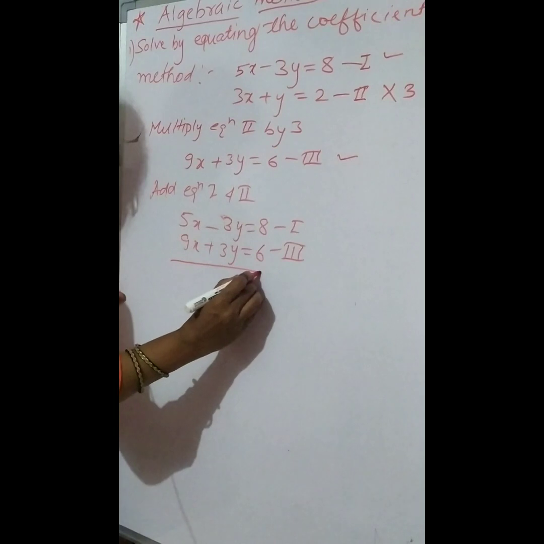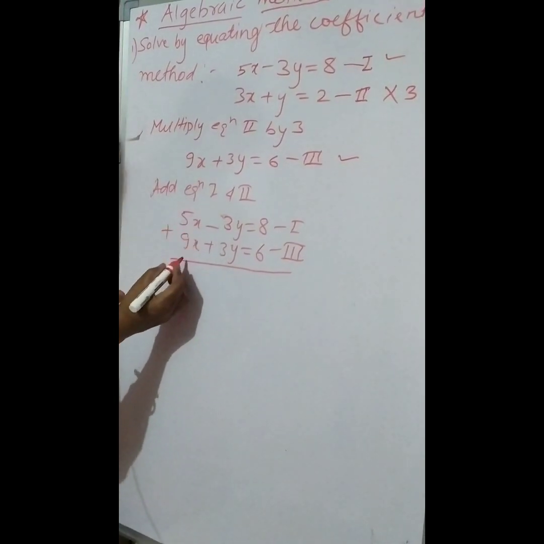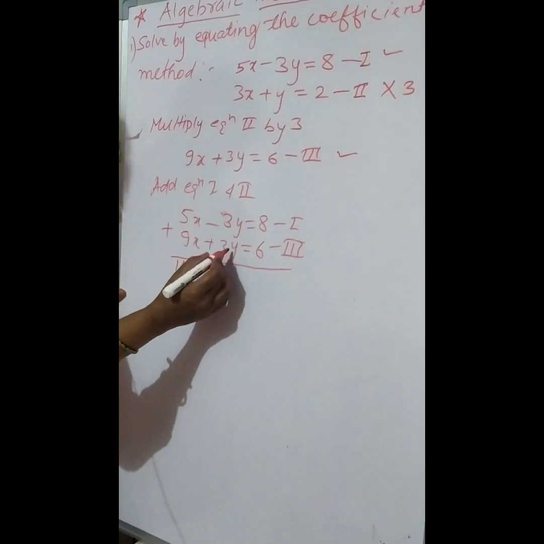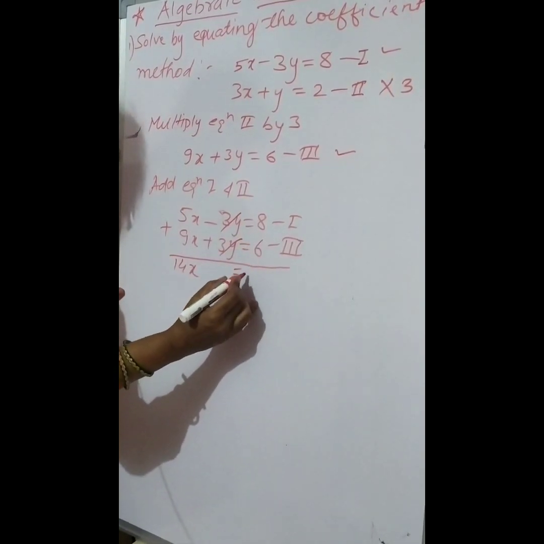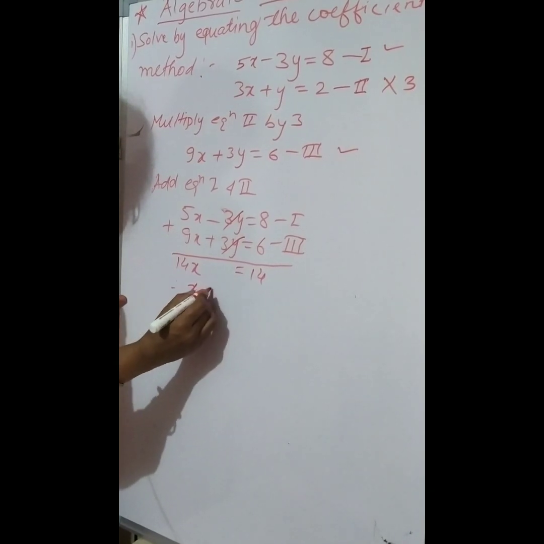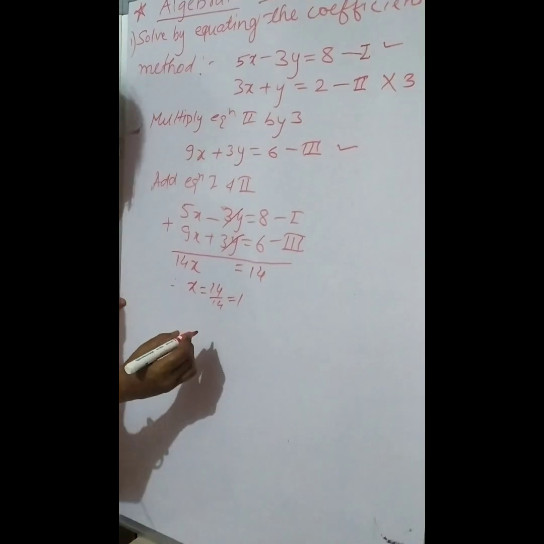Just add these equations. So 9x plus 5x, it is 14x. This minus 3 plus 3, this will get cancelled. So we will get this side, 8 plus 6, 14. Therefore x is equal to 14 upon 14 is equal to 1.